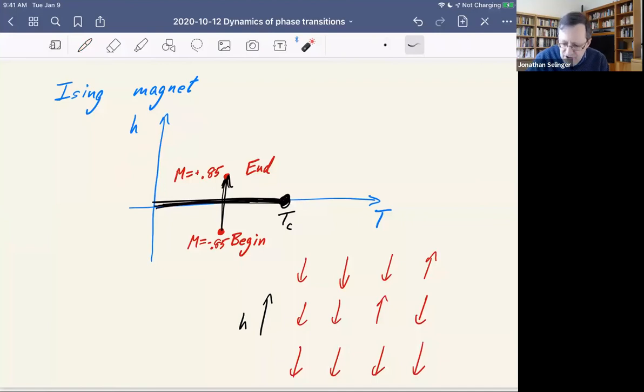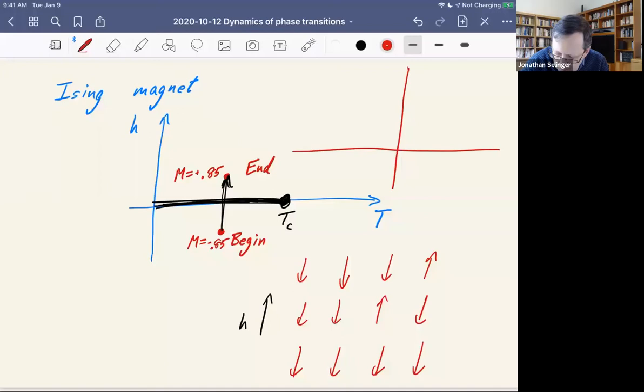So let's think about this point right there, which is our new point that we're thinking about. At that point, the plot of free energy versus magnetic order parameter looks something like this.